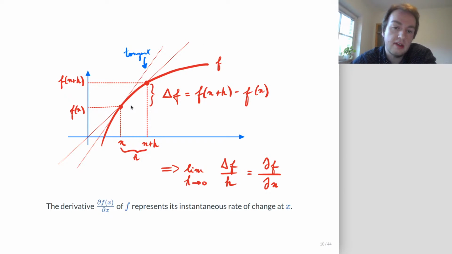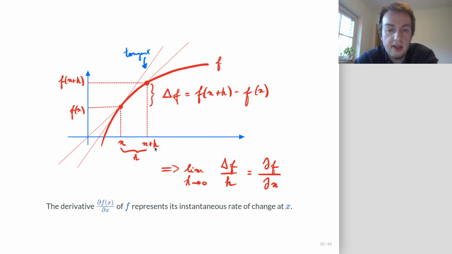And what is interesting there to understand is that the slope of this line is given by the ratio of the values of the function, which I will call delta f, which corresponds to this difference between f of x plus h minus f of x, and the ratio of this delta and the value of h, right?